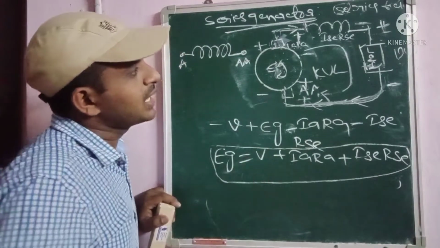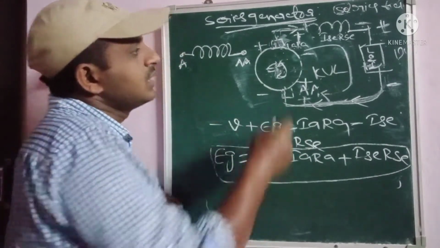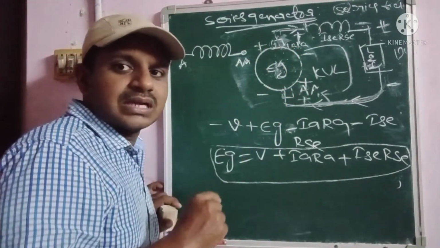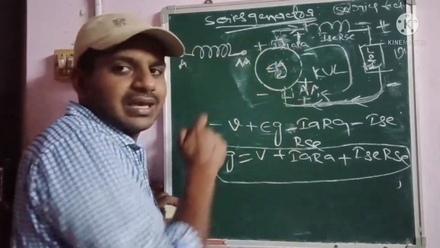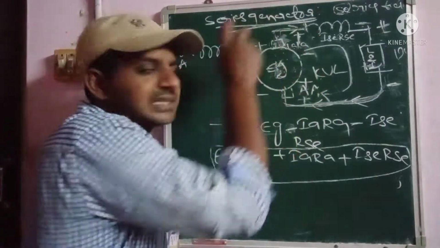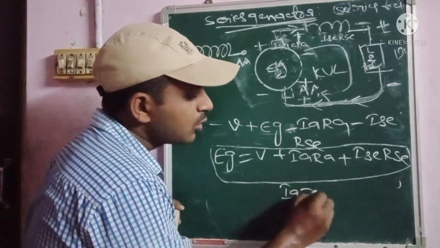One consideration is there. In the armature winding, the current produced is given as Ia, and in the field winding, the current produced is Isc. So here Ia is equal to Isc.